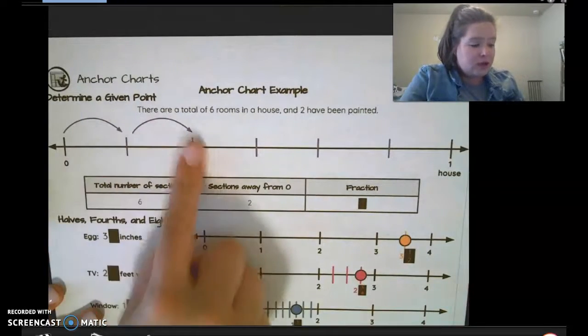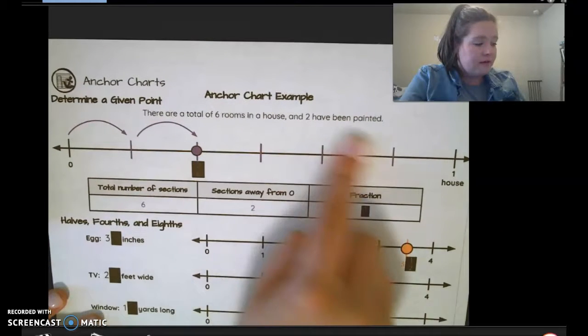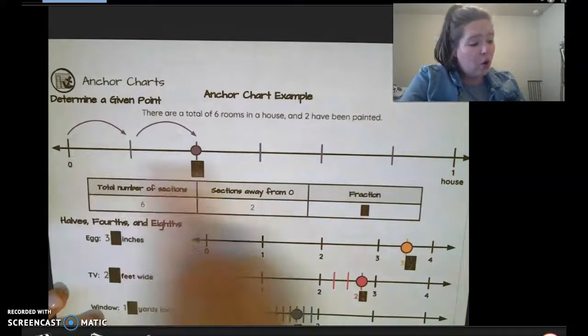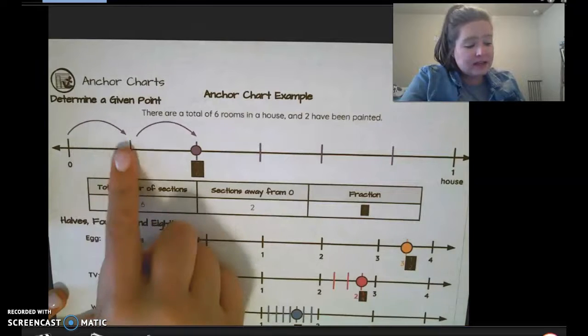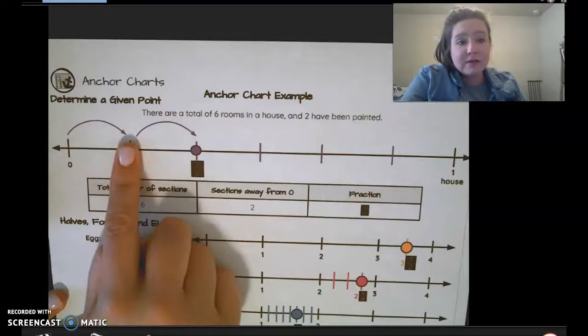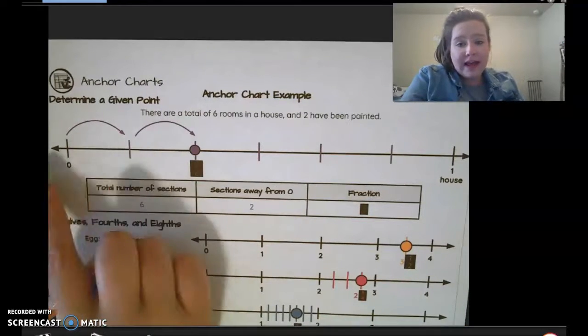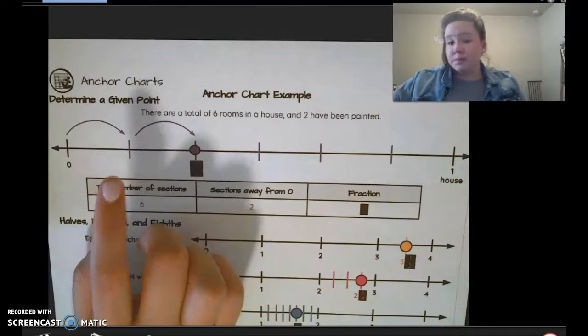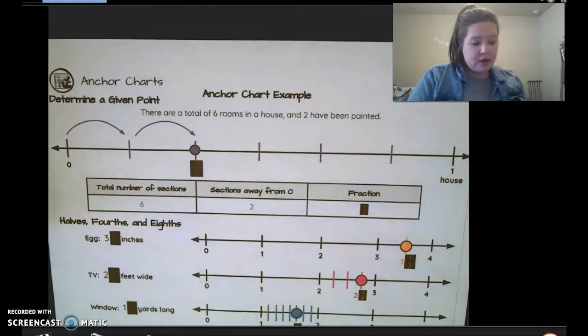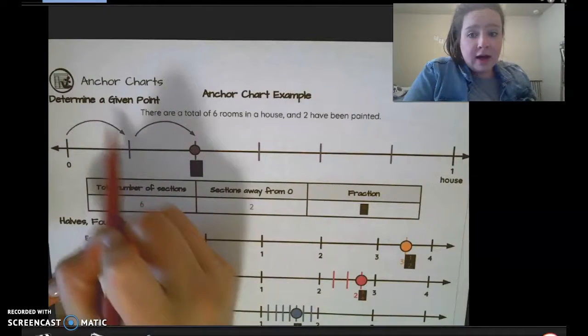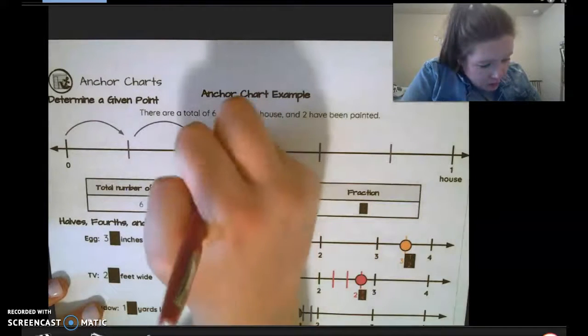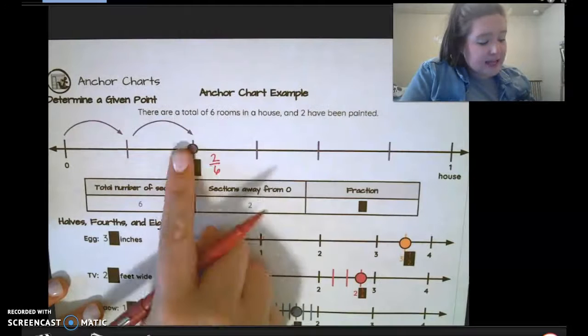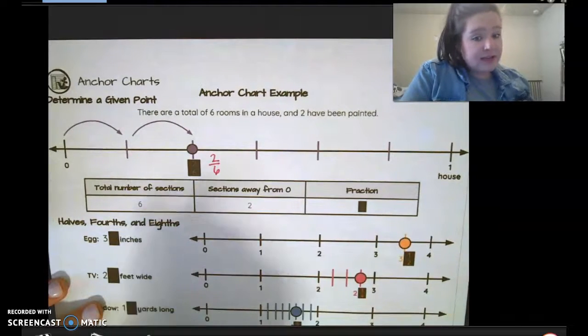So 1, 2, 3, 4, 5, 6. In the whole house, each of the little spaces represents 1 room, all right? They have painted 2 of them. So they jumped 1, 2. 2/6 of the house has been painted.